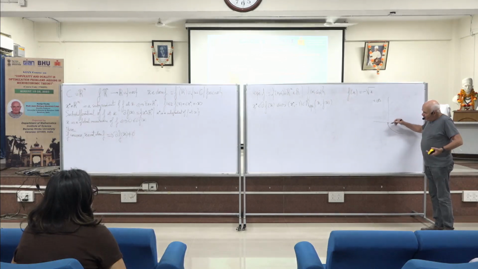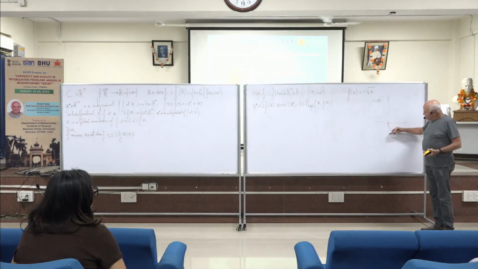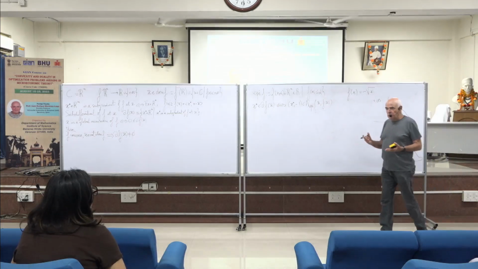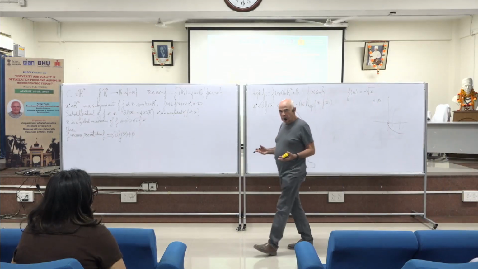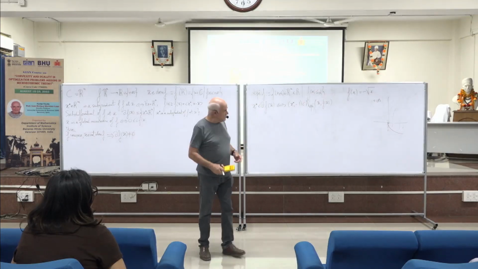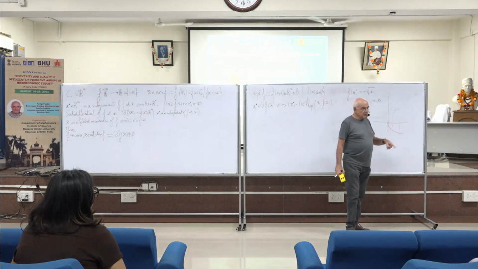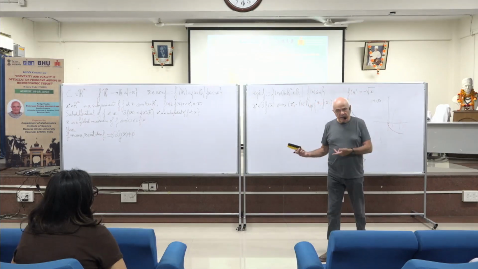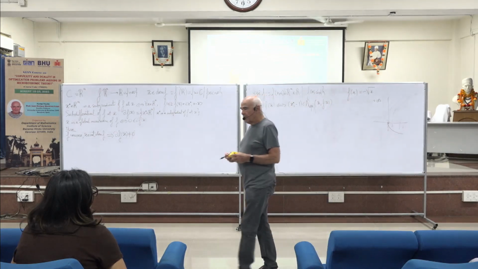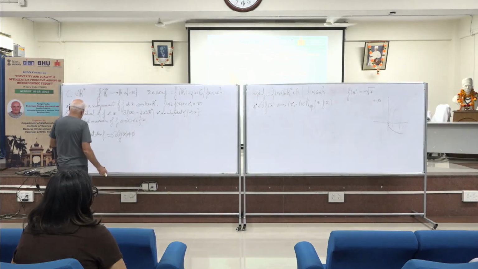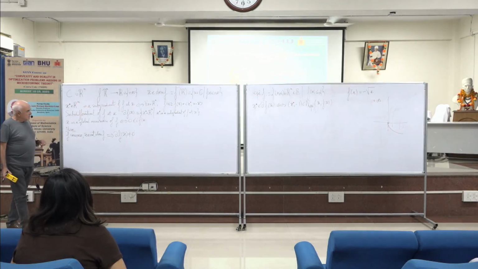The only supporting hyperplane to the epigraph is the vertical line, but the vertical line does not define an affine function. And this is because the origin is not in the interior of the domain. So we need this interiority assumption. And this is what I'm going to prove now.